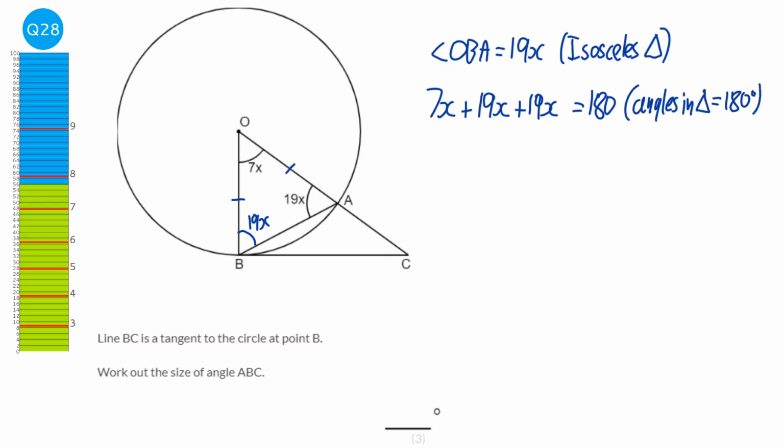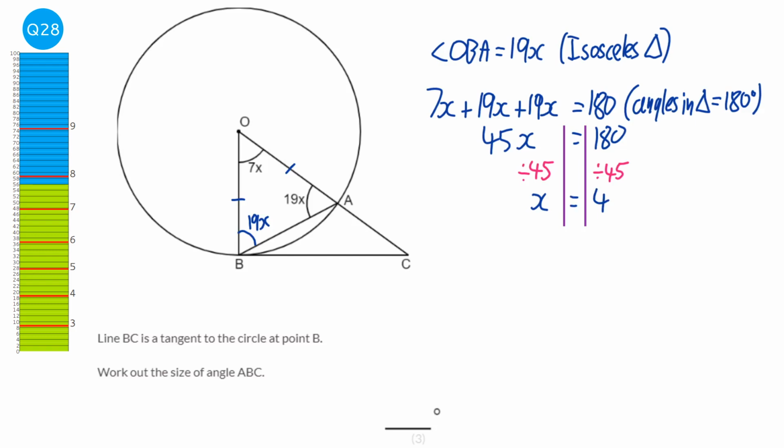Try and write out these reasons in full. Okay, so that's going to be 45x equals 180, and let's get our solving lines in. And we're just going to divide both sides by 45.